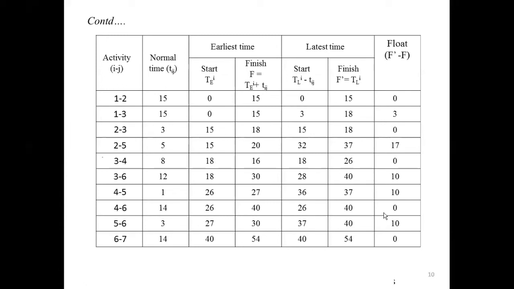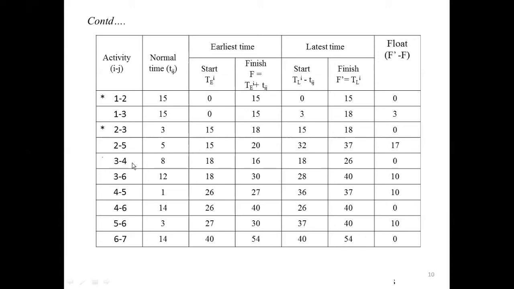After calculating a float value for each activity, you have to check for which activity you got 0 as a float value. That is for activity 1, 2, the float value is 0, and you have to represent a star. Similarly, for 2, 3, we have 0 float, and you write a star.